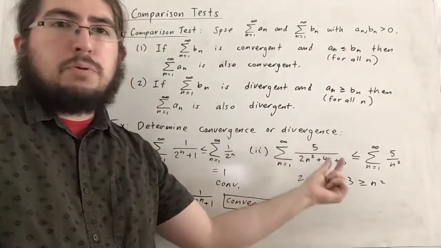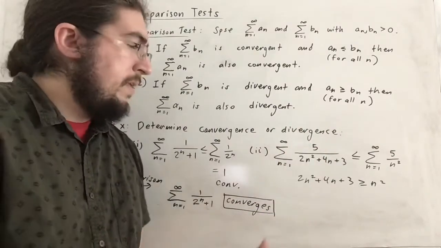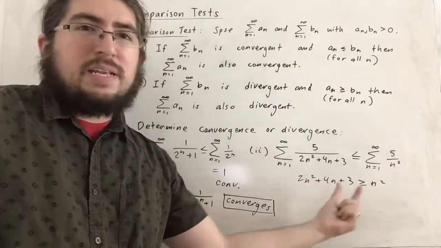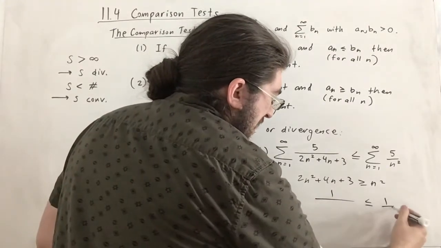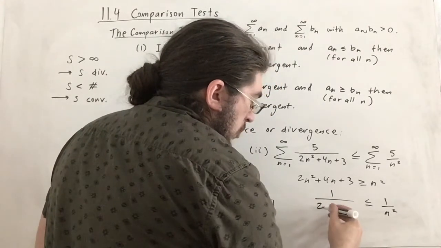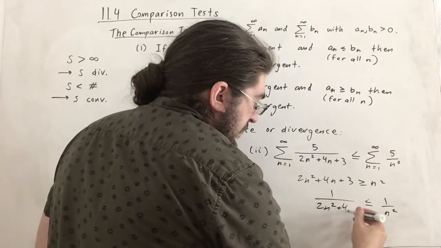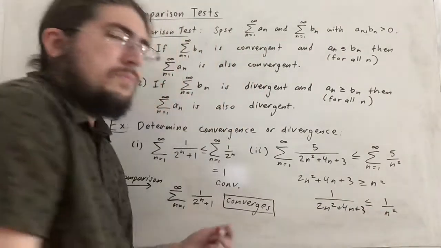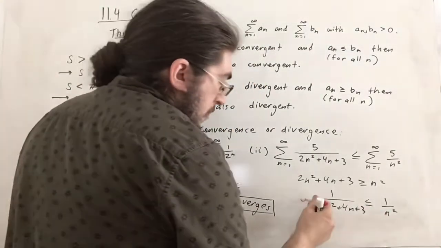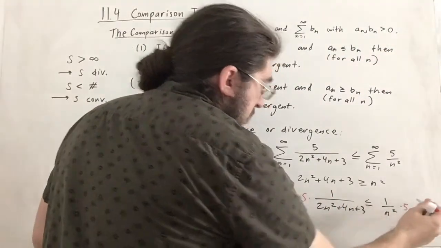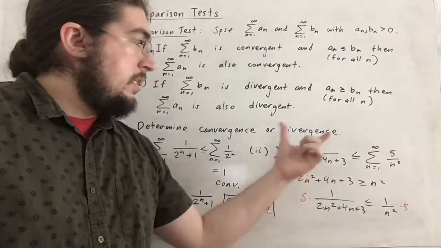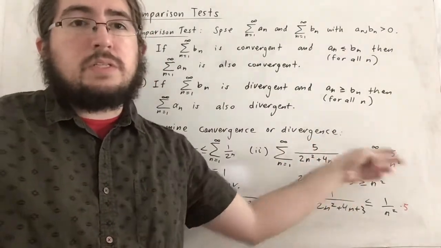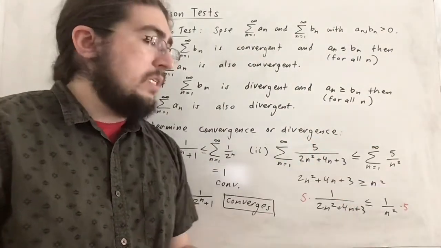A better way of thinking of it is just reciprocate both sides to get this, and then just multiply through by 5. So I think that's pretty easy to see. Once you multiply through by 5, then you get that each term in the series is less than 5 over n squared. So the whole series is less than or equal to the series over 5 over n squared.